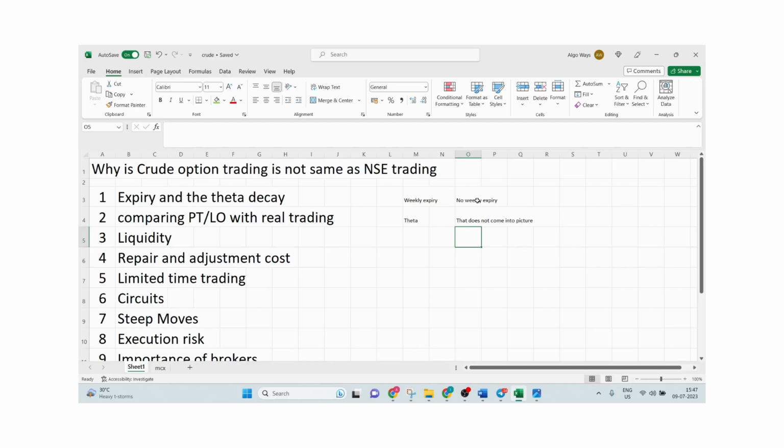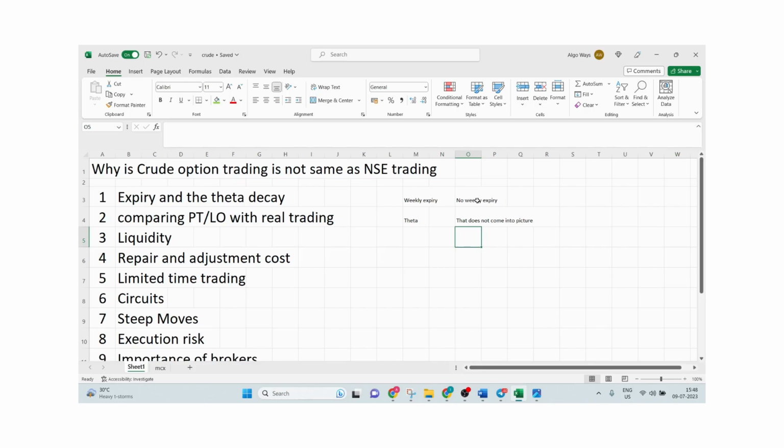Now another point is that in NSE we can do n number of repairs or adjustments depending upon how our strategy is. In crude oil, this is point 4 which I am discussing right now: repair and adjustment cost.